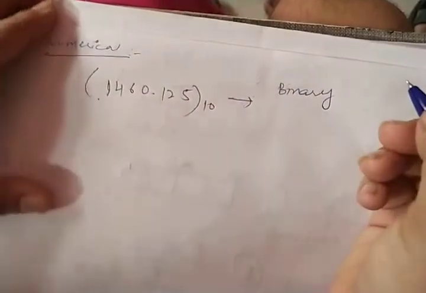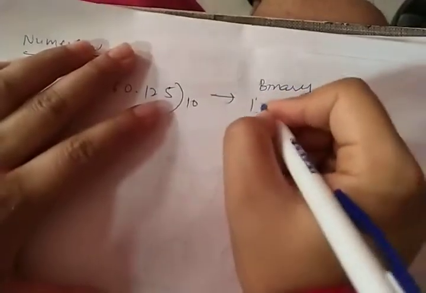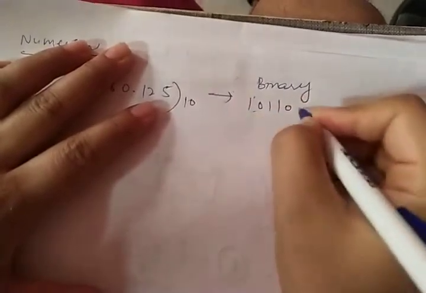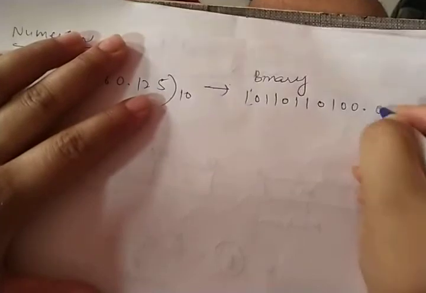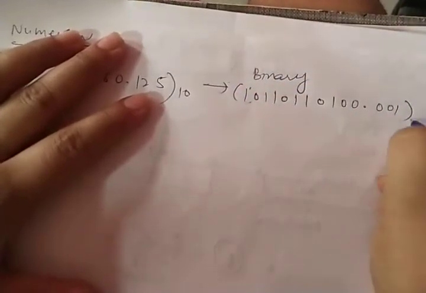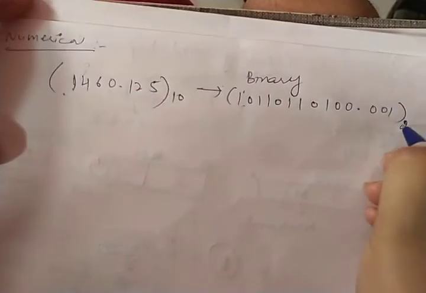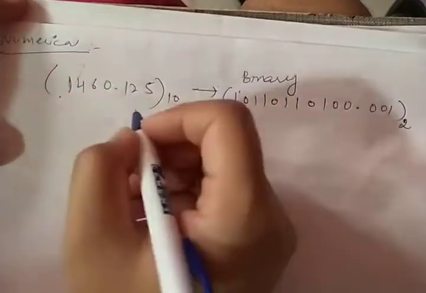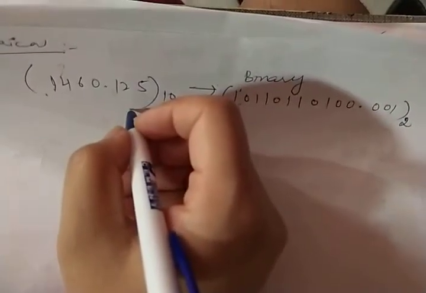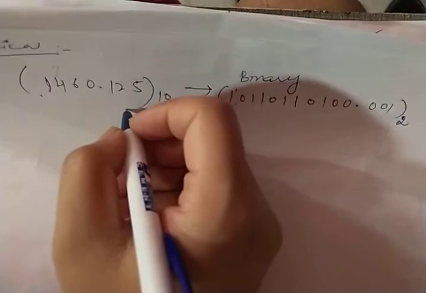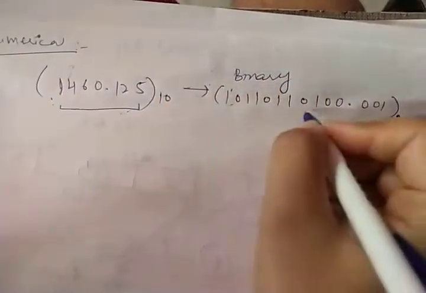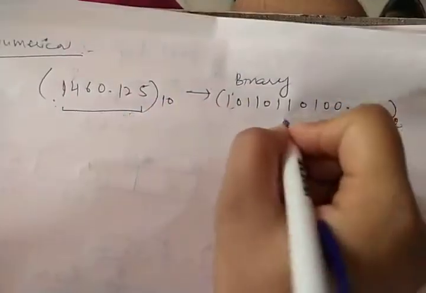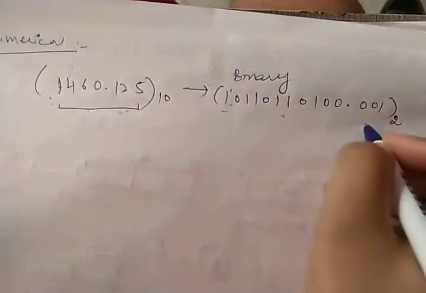If you convert this number into binary, you will get 101101100100.001 to the base 2. The base 2 represents that this number is now a binary number. You can also convert this number into binary format and check that you get this value.